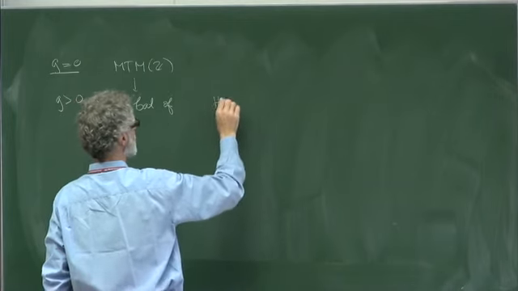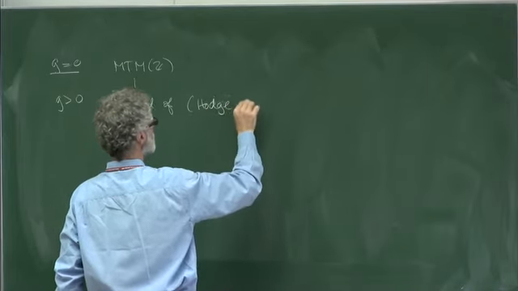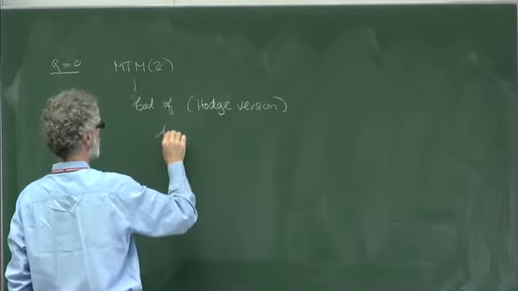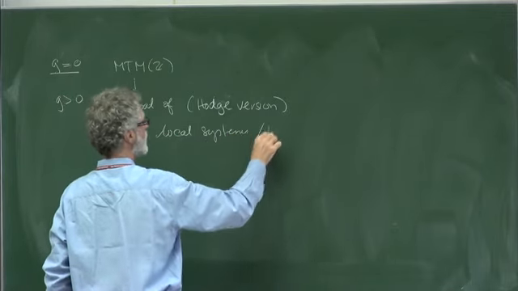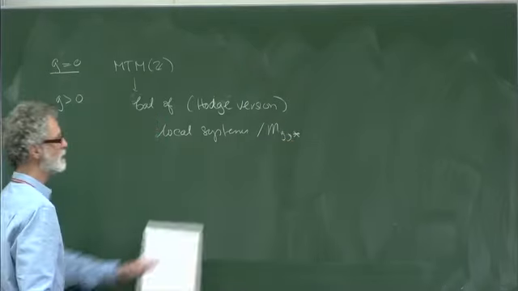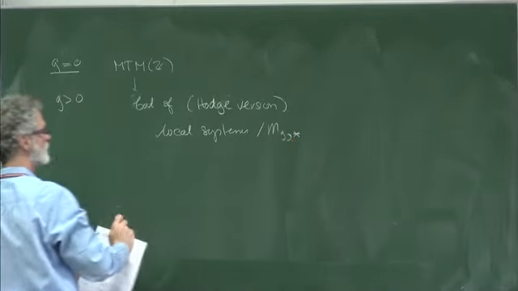I'll give you, say, the Hodge version. It's the category of local systems over M g with whatever decoration you need. So, for example, M g 1 or E 1 vector 1.